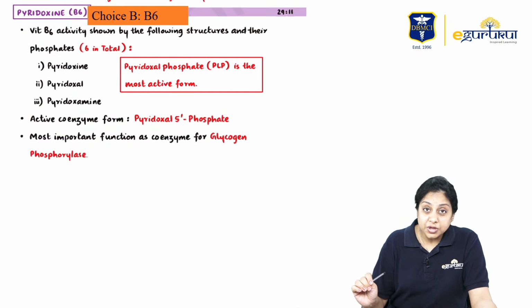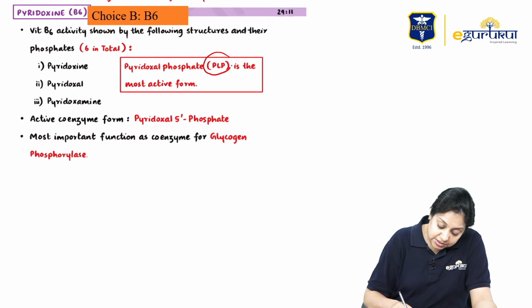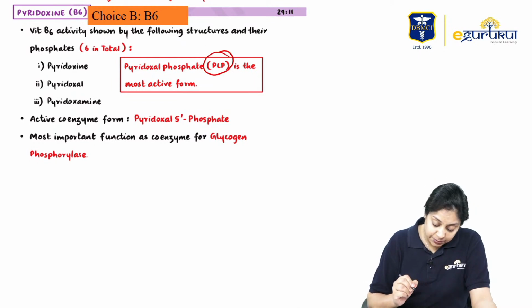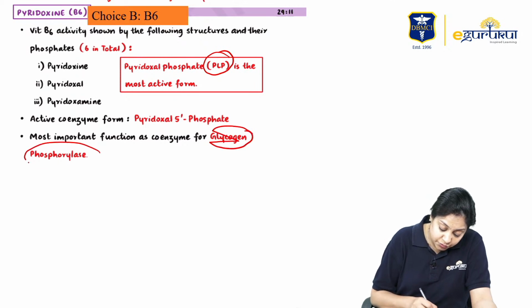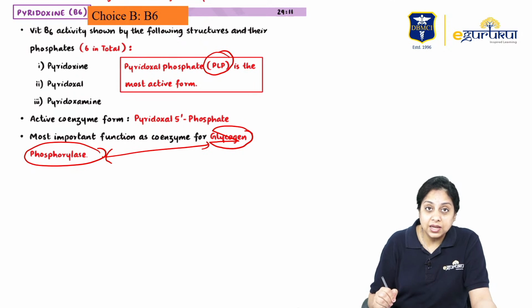Now, choice B was B6, that is pyridoxal, right? The activated form of vitamin B6, PLP, pyridoxal phosphate, is the active form. And what do we see in the patient? It is first of all a coenzyme for glycogen phosphorylase, right? This is also high yield, a key point, you should be noting it down.